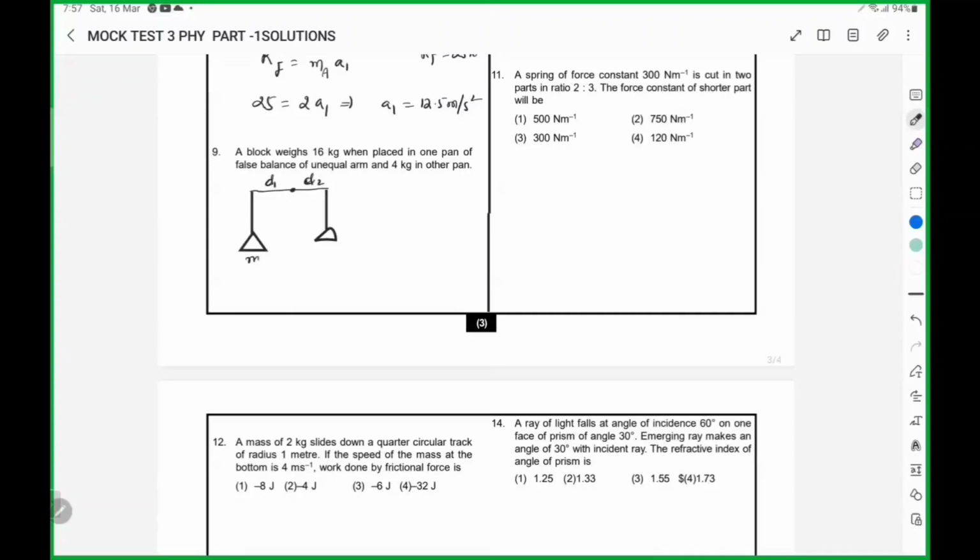When it is placed in the left pan, let us say total length is L. So M1 into D1 is M2 into D2. So here we don't know what its true weight is.